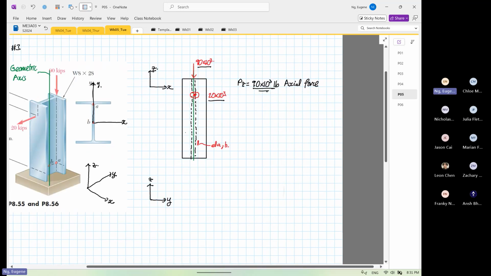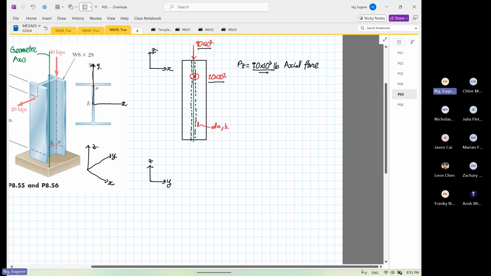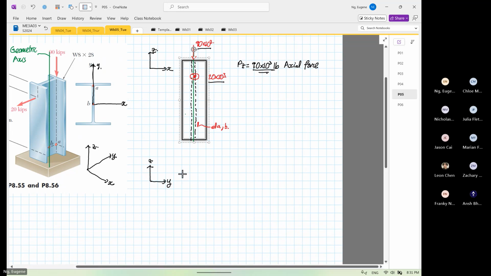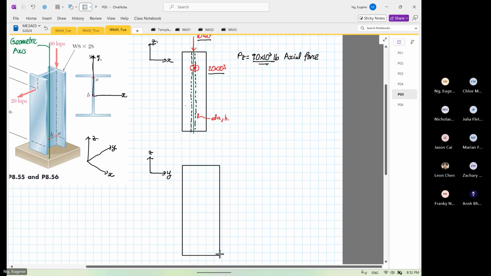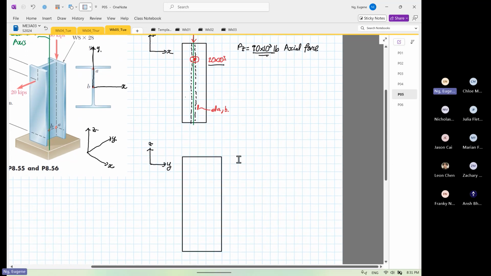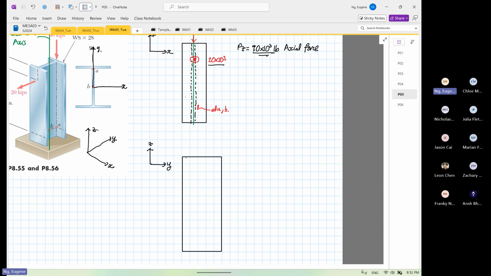The next thing we're going to view is on the YZ plane. Now this is where it's the most critical, and I'll tell you why. If I were to draw the YZ plane now, then we have this thing down here.